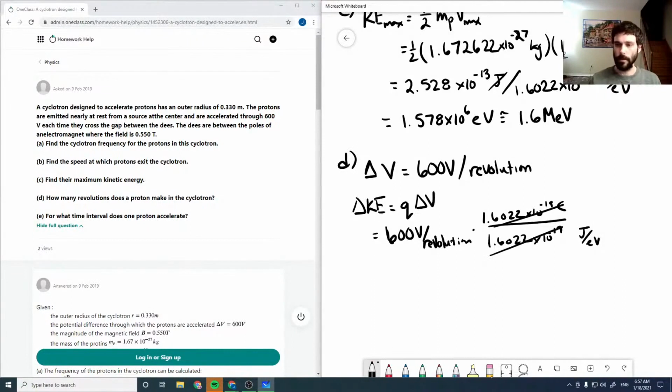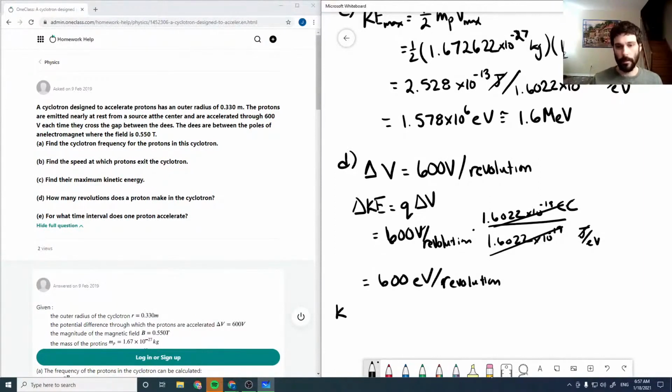So those are going to cancel, except for the coulomb. And a coulomb volt is a joule, so the joules will cancel. And we're going to be left with 600 eV per revolution, which makes our conversion to eV significantly easier.